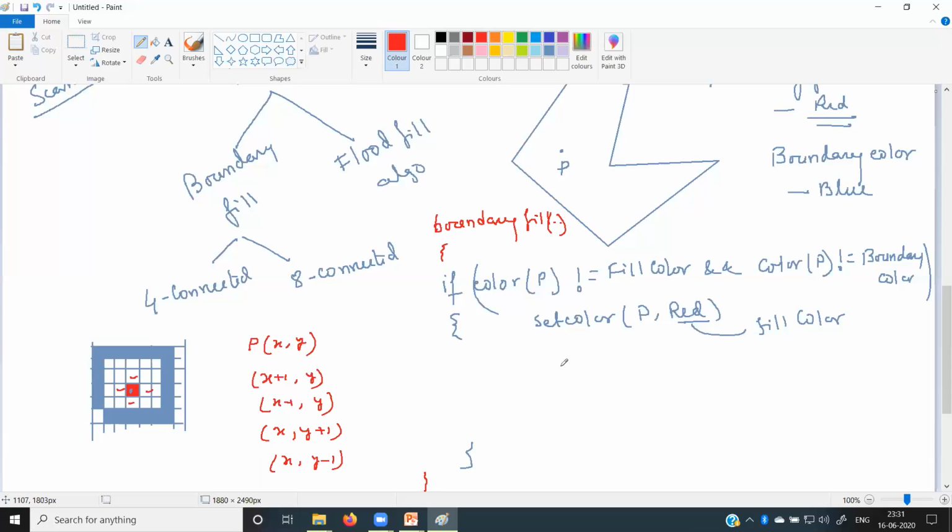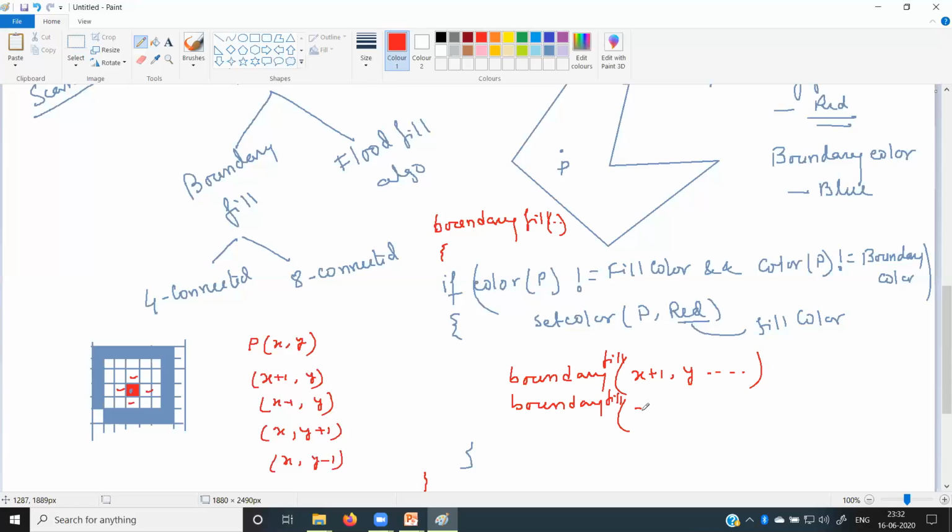In that case, this boundary fill algorithm will be called for coordinate x plus 1, y. This same boundary fill algorithm will be called; the name of the algorithm is boundary fill, so I should write it fill.